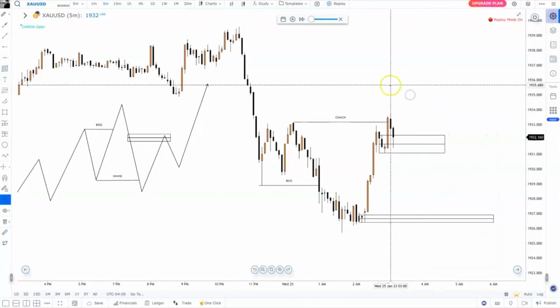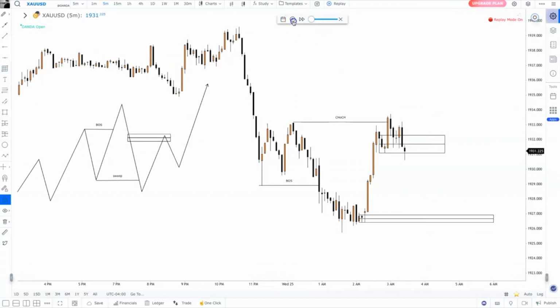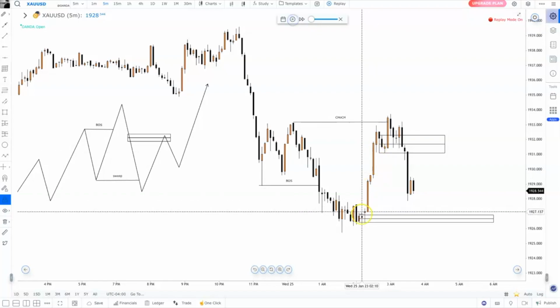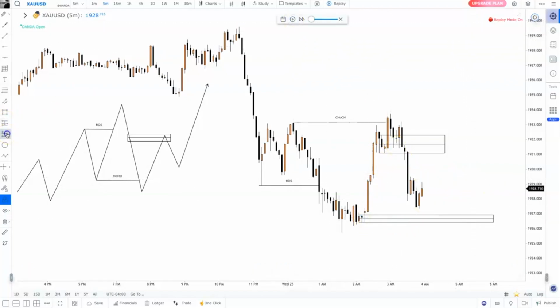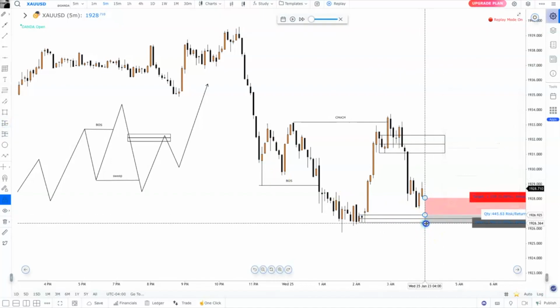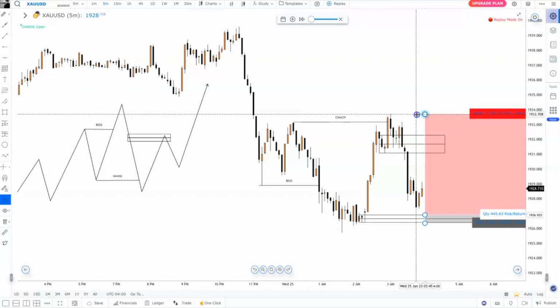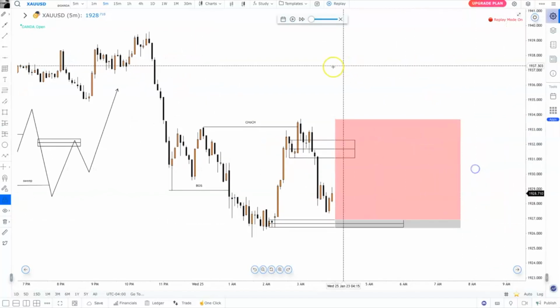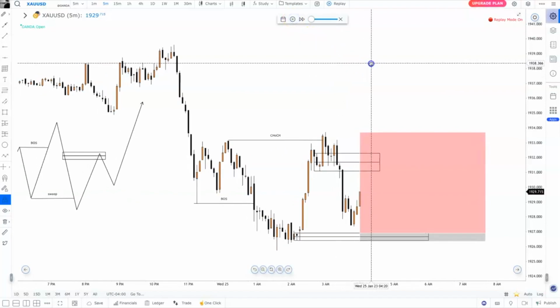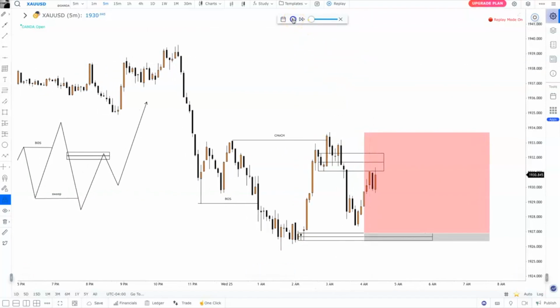I want to check it out to see if it's going to react. No, it did not react to that one, so it means that maybe it's going to reach the bottom one. So you go there and you place your buy position, let's say right there, and your stop here, and your take profit there, because now you're definitely looking for buys. So let's see what's going to happen.